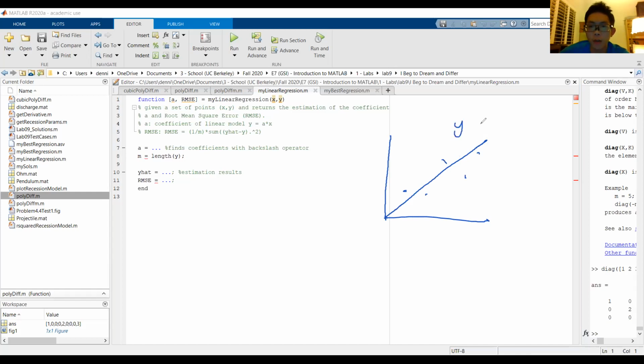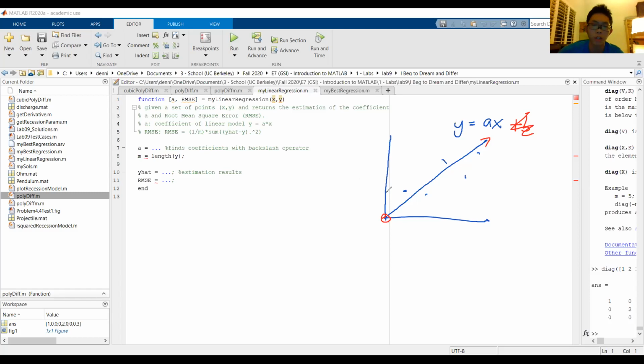This is the line y equals ax. You'll notice that sometimes we'll have this plus b over here. The reason we don't have this plus b for the moment means that whatever line we draw, we have to shoot the line from the origin all the way up here. We're standing at the origin. If we have the plus b, that means we can stand wherever we want.